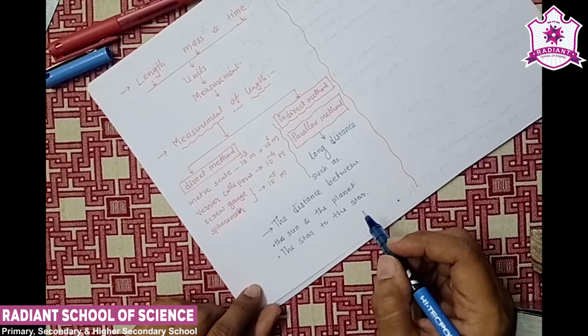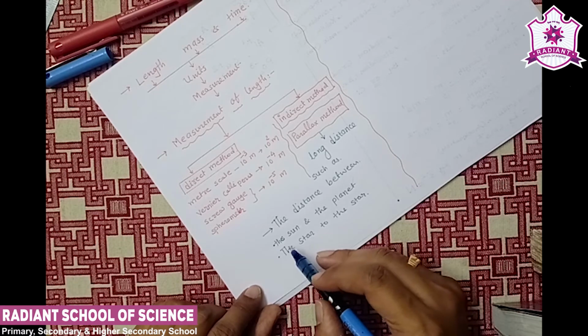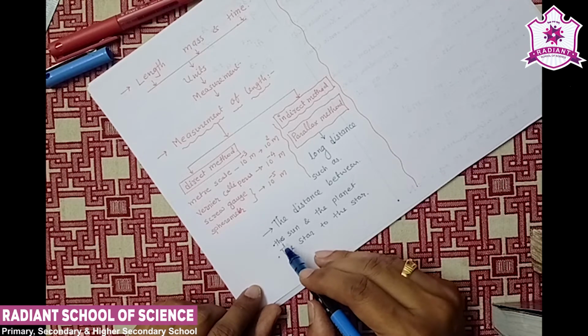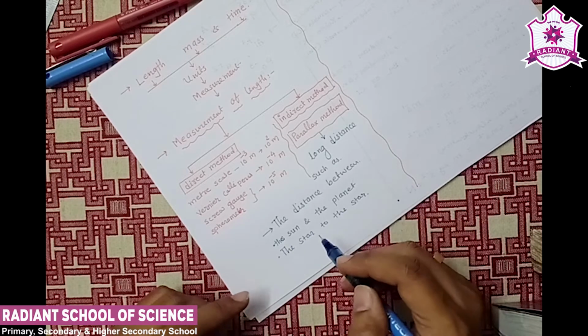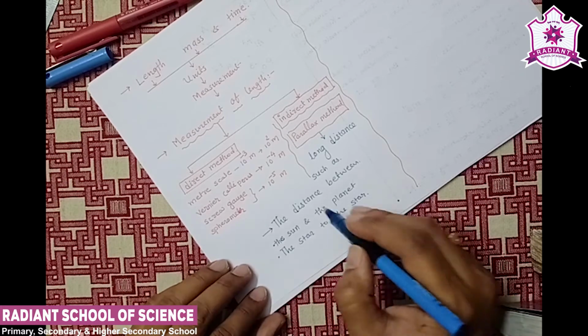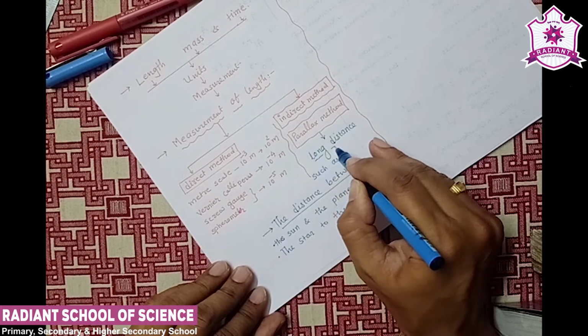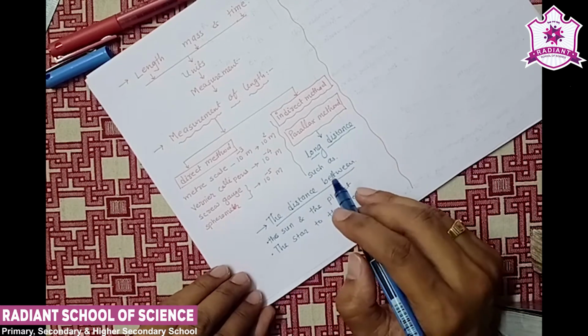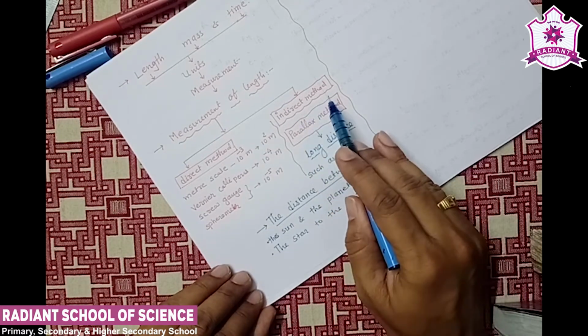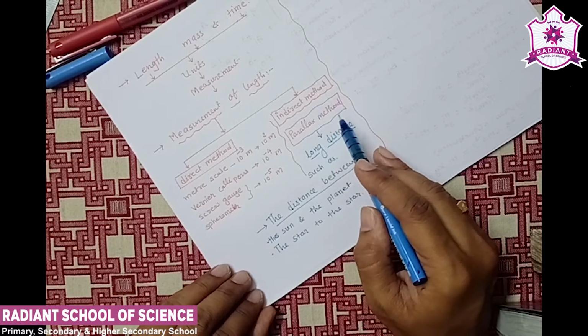If we want to measure the distance from the Sun to a planet, or from the Sun to the Earth, this long distance can be measured with this indirect method called parallax.